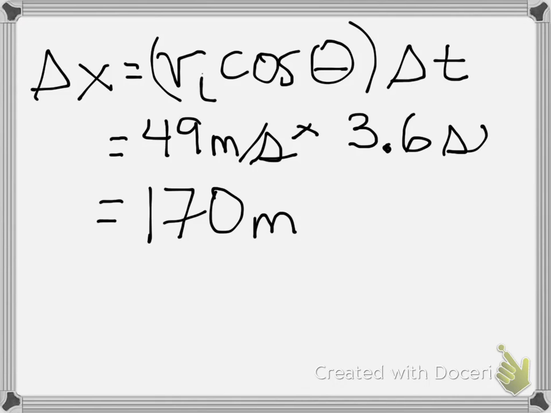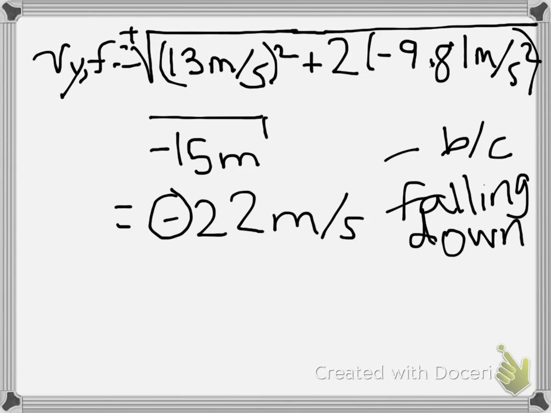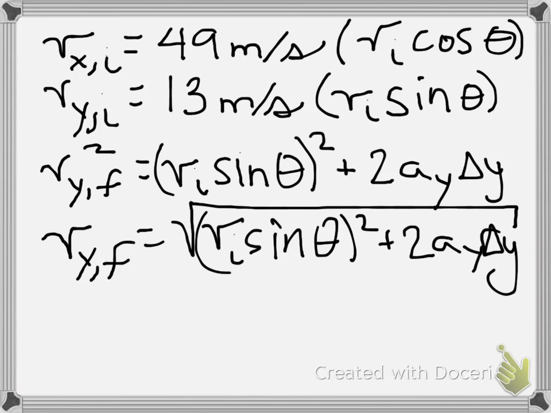So the point is that it is possible to solve this problem without using a quadratic equation. If you are more comfortable doing it without a quadratic equation, this is how you would do it.